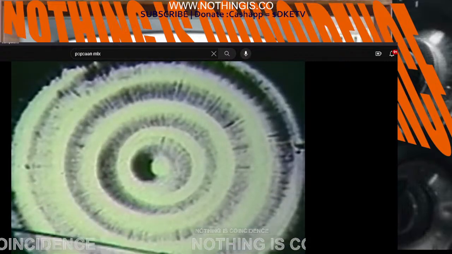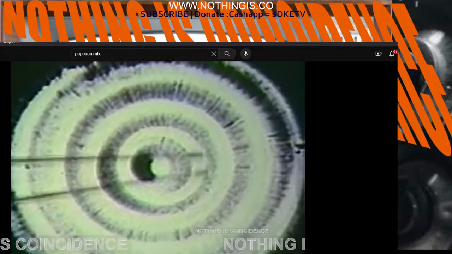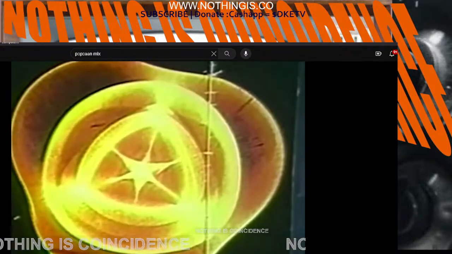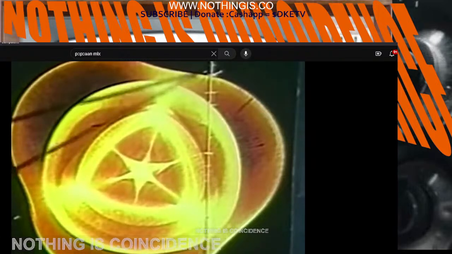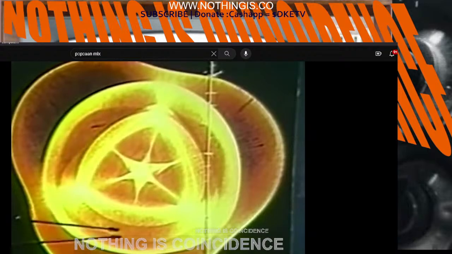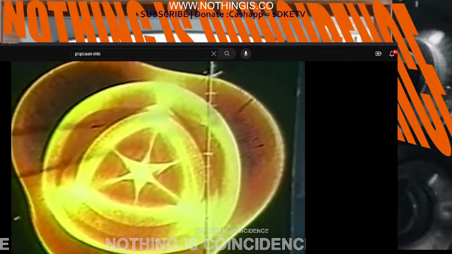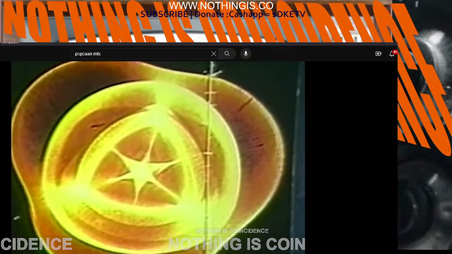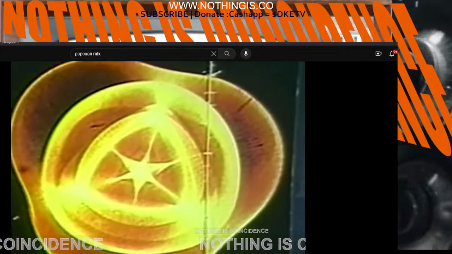Now, if we change that frequency, we can change the form and the shape. This is again the same drop of water as in the previous picture, but the frequency field has changed. We have changed it, and so long as that frequency exists, this shape and form will maintain its hold.